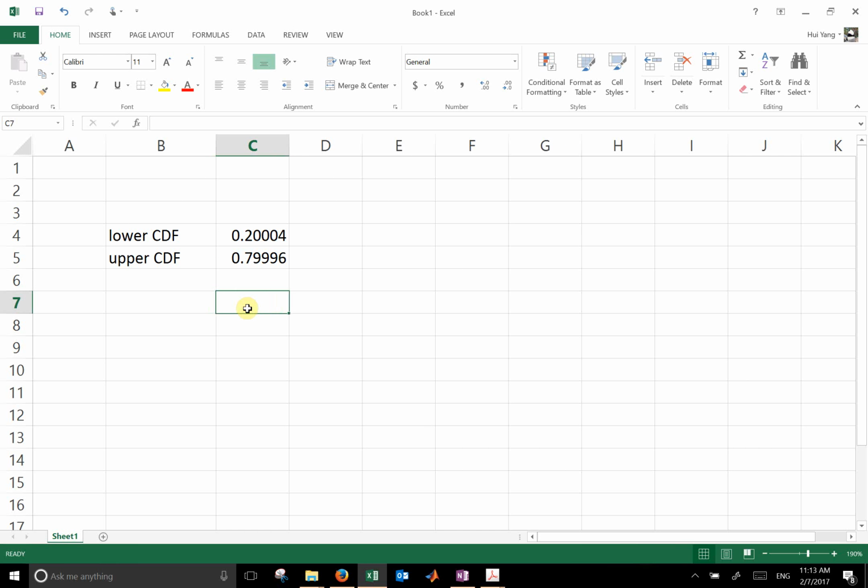We have to use this function very flexibly to calculate the values we want. Okay, so far we finished how to use Excel to compute lower and upper CDF functions of the chi-square distribution.